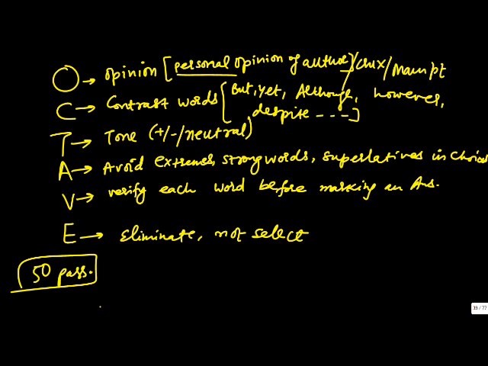Always avoid extremes, strong words and superlatives in your answer choices unless they are given verbatim. If they are given verbatim, then there is nothing I can do. I will have to select that answer. But otherwise, I should be very clear. I cannot select an answer with this unless given verbatim, word for word.